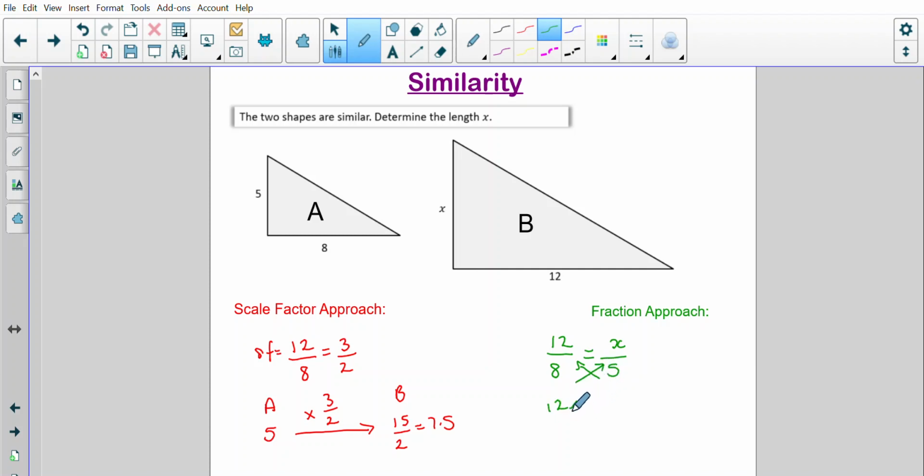So I get 12 times 5 equals 8x, or 60 equals 8x. So x equals 60 over 8, which again is equal to 15 over 2, or 7.5. And it's useful to be able to work with both approaches because some are more helpful in different styles of questions.